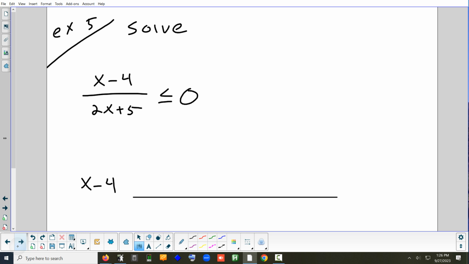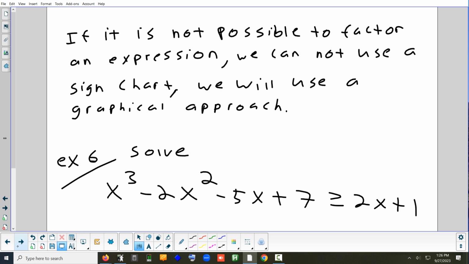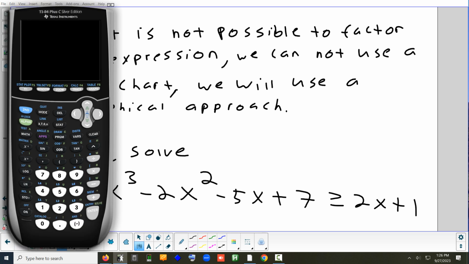Now, if you can't solve it with a sign pattern, then we're going to use the calculator. This is one where, even if you put everything on one side and get it equal to 0, it's going to be a cubic. It doesn't come out nice. You can't factor it. So we put the left in y1, put the right in y2, and we'll use the graph.